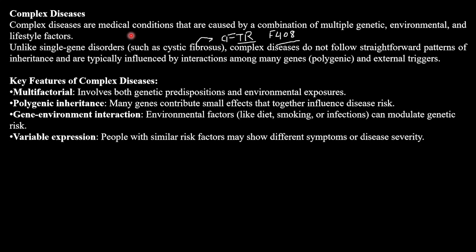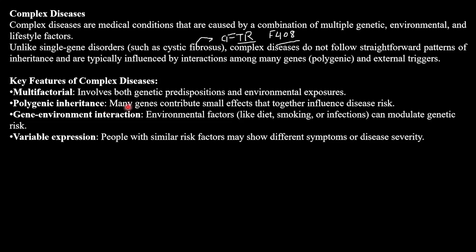So what are the features of complex diseases? Number one, it is multifactorial. It could be caused by multiple genes, meaning it could be polygenic. Number two, it could be because of environmental factors. It could be because of lifestyle factors. This is a very important point.